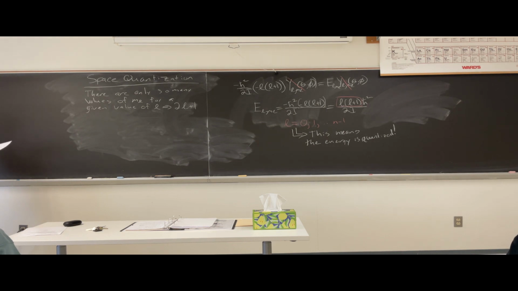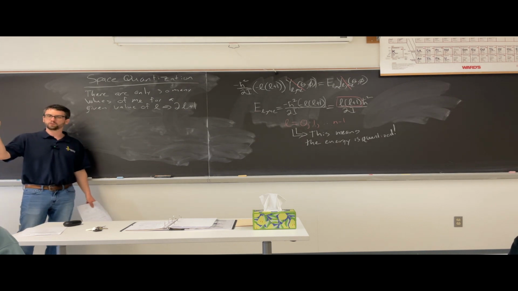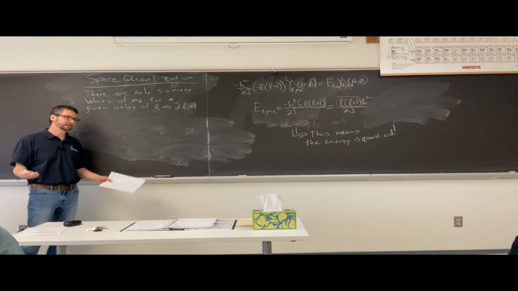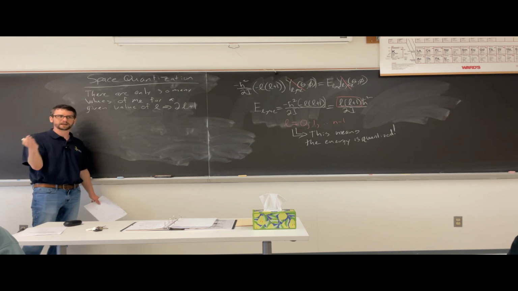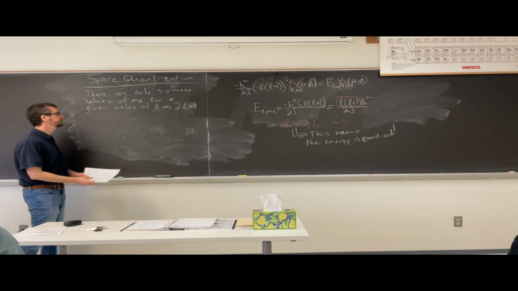Okay. And M sub L was the value of the angular momentum with respect to the z-axis. We set it arbitrarily to the z-axis. You can pick any one, but we're going to go with z.